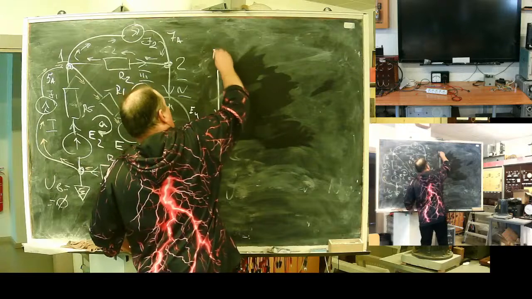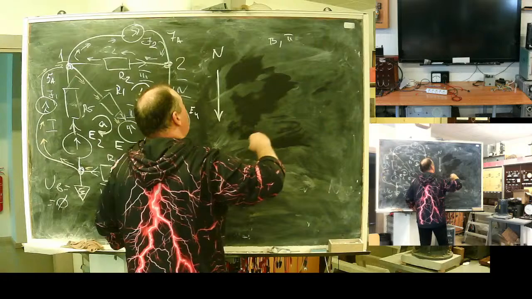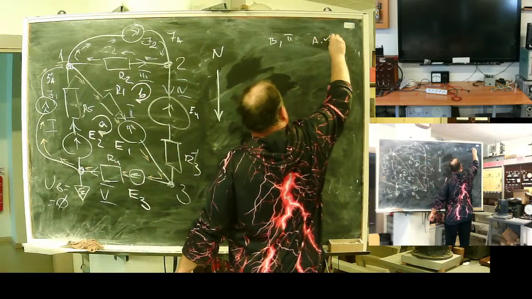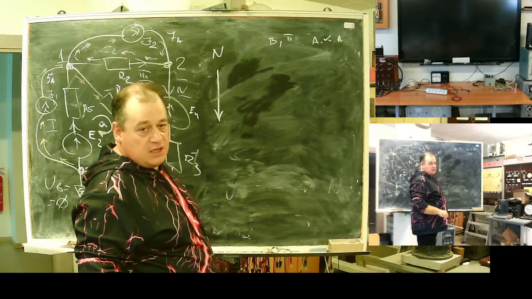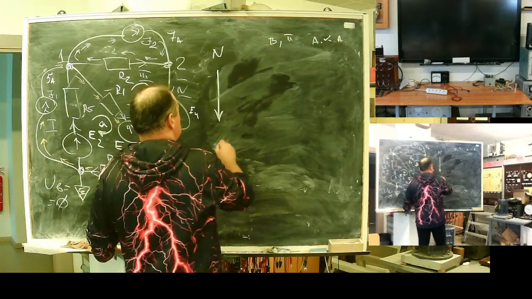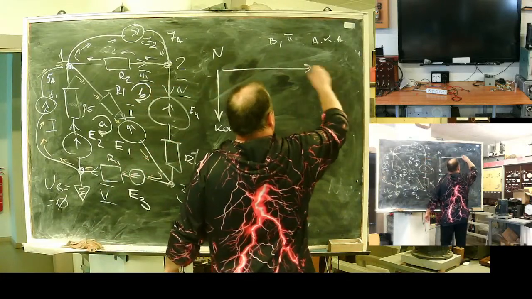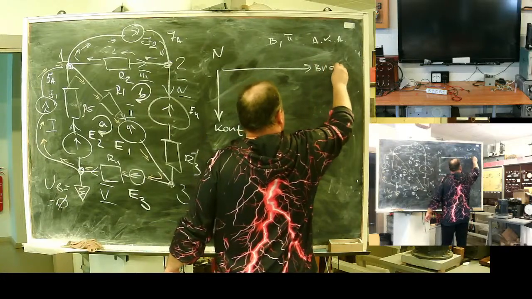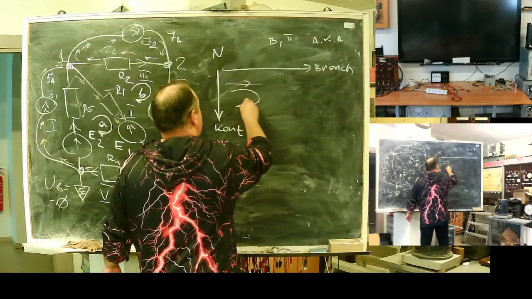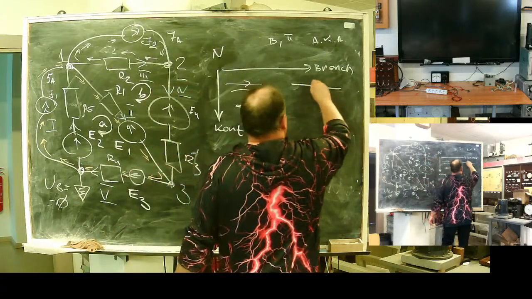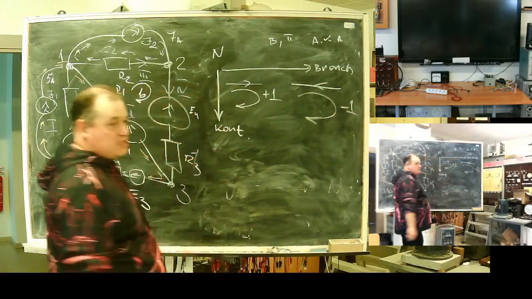And this one, B, is the matrix for the Kirchhoff voltage law. Its rows will be contours, column names are branches. If it corresponds to the right direction, +1; if it goes in the opposite direction, -1. No connection, 0.